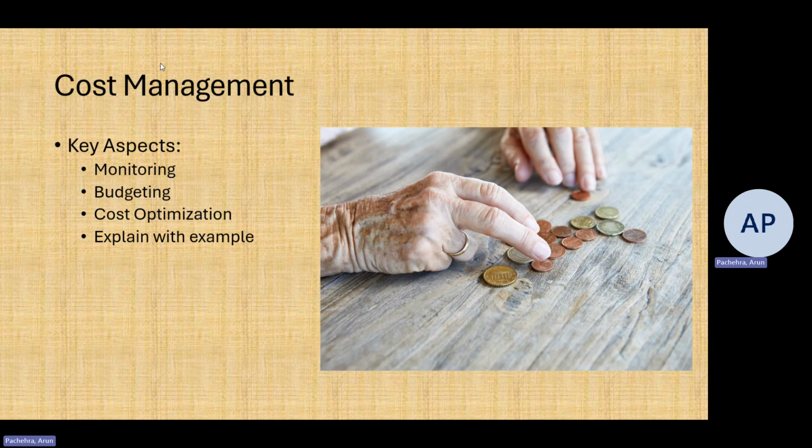So let's take an example to make sense of all these three points for cost management. For example, an organization or a company notices a significant increase in its Azure bill. Using Azure Cost Management, the IT department identifies that several test environments are left running over the weekend, leading to unnecessary cost.